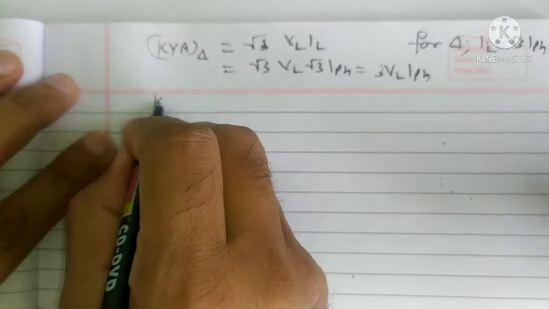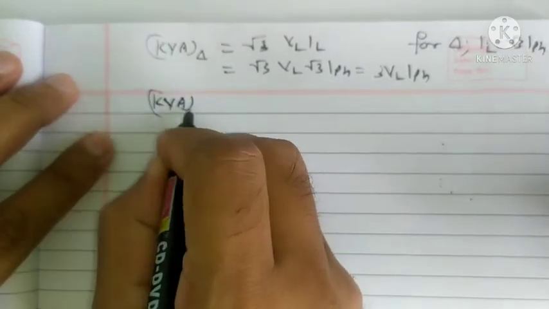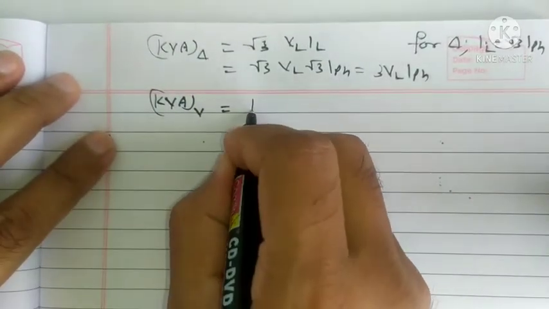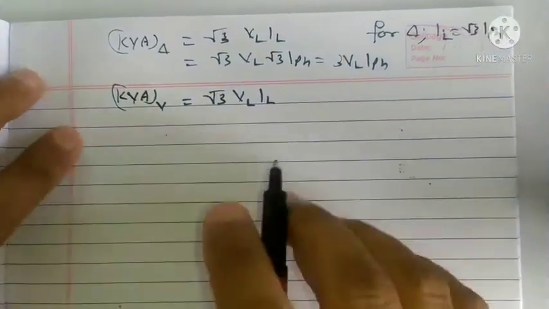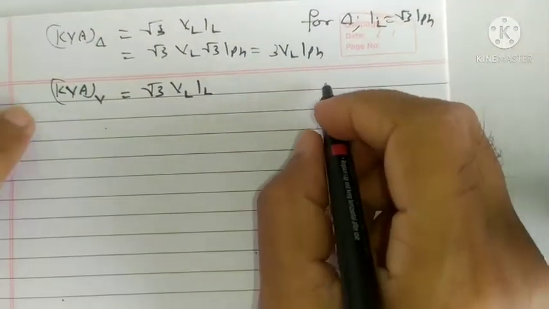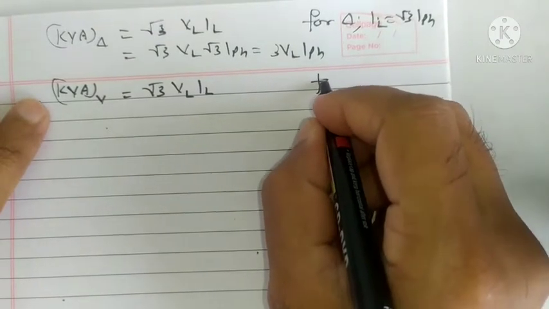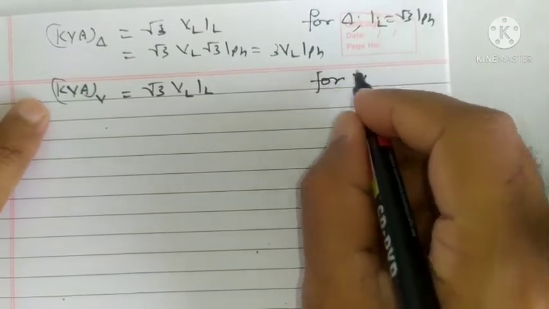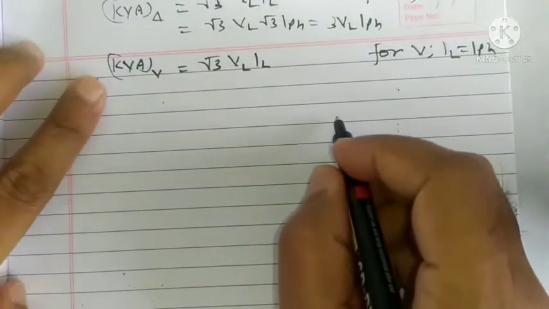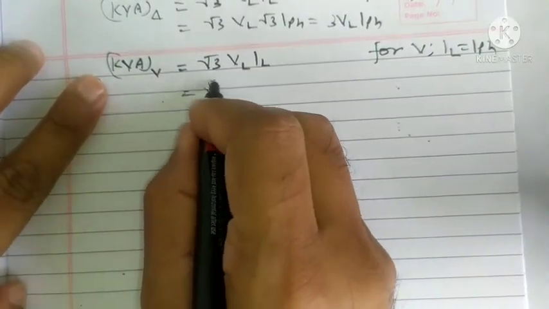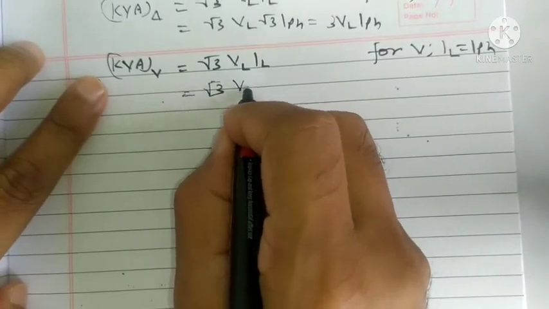For open delta, kVA open delta will be root 3 VL IL. Mind you, IL is equal to IPH in open delta. So I will put it here and it will remain as it is, root 3 VL IPH.